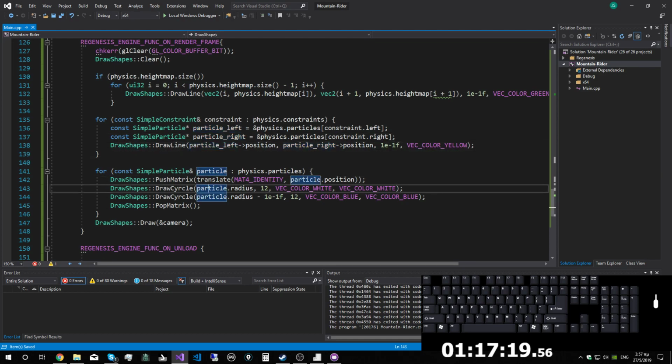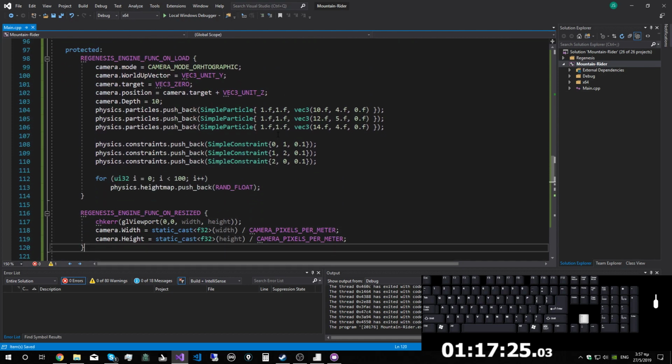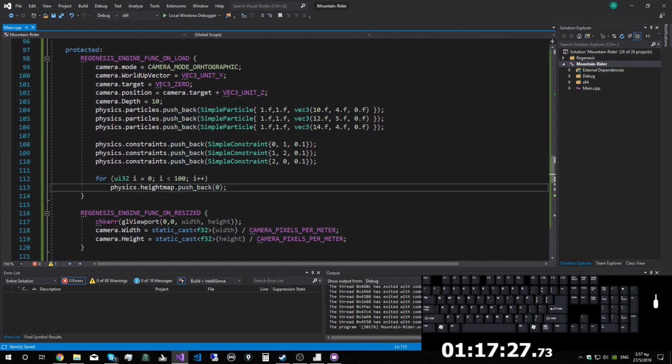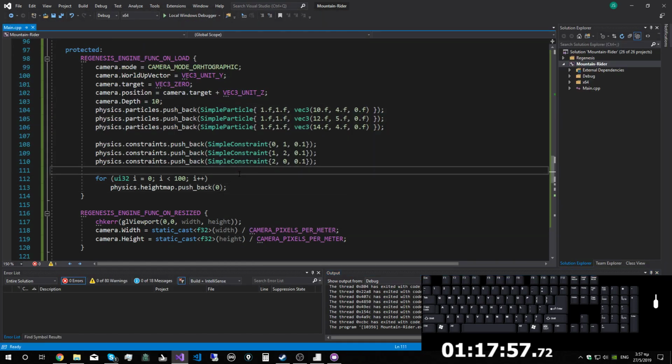Let's play it safe and set that to 0. Okay, let's add some distance as well.